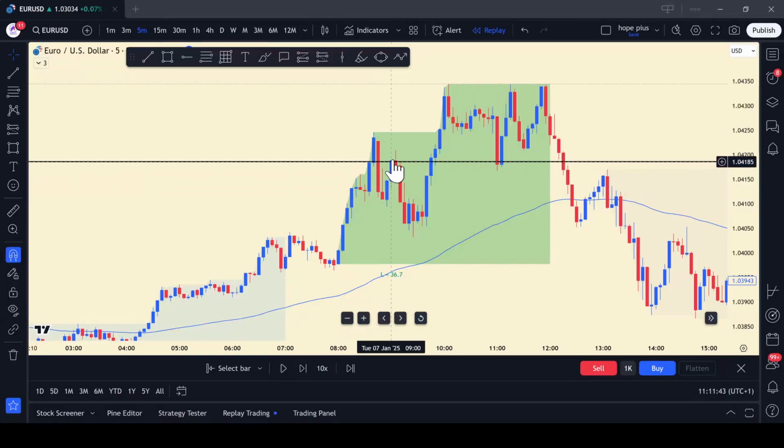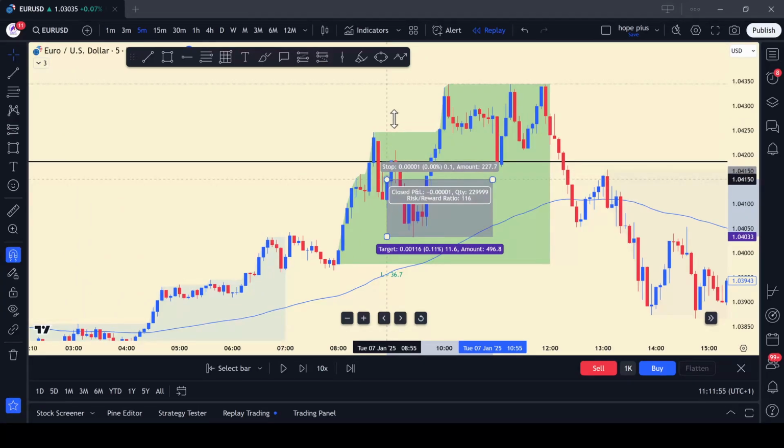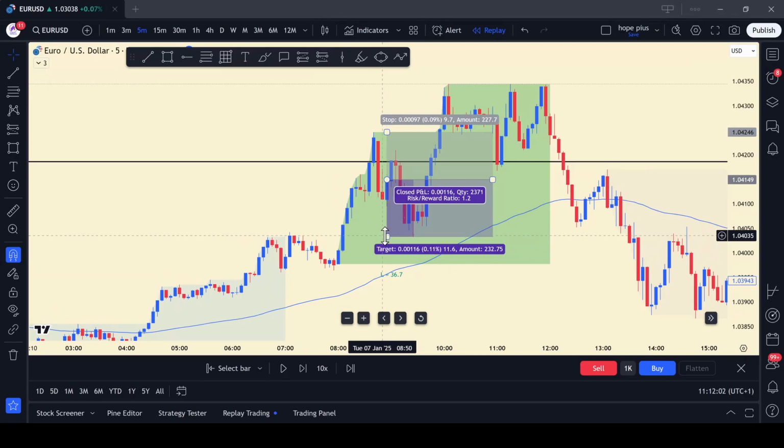So as price comes here to retest it, that's where you can sell from. Short from there, sell, stop loss above, and then you aim for 2 hour trades.